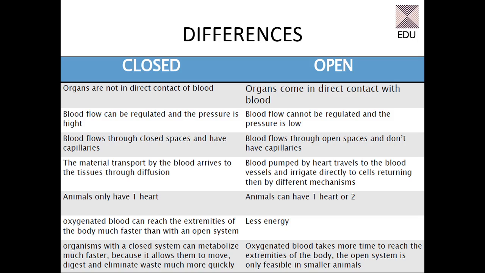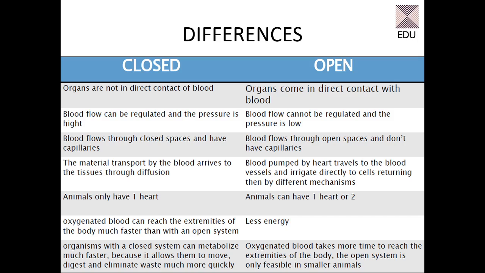Now in the last point, organisms with the closed system can metabolize much faster. But in the open type, the oxygen requires more time to reach the extremities of the body.